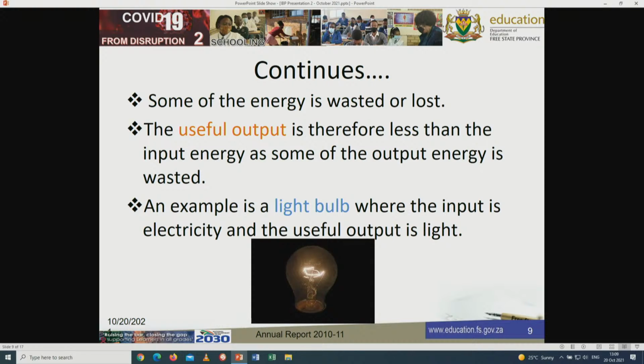During that process, some of the energy is wasted or lost. During those activities, some of the energy is going to be wasted, or we are going to lose it.